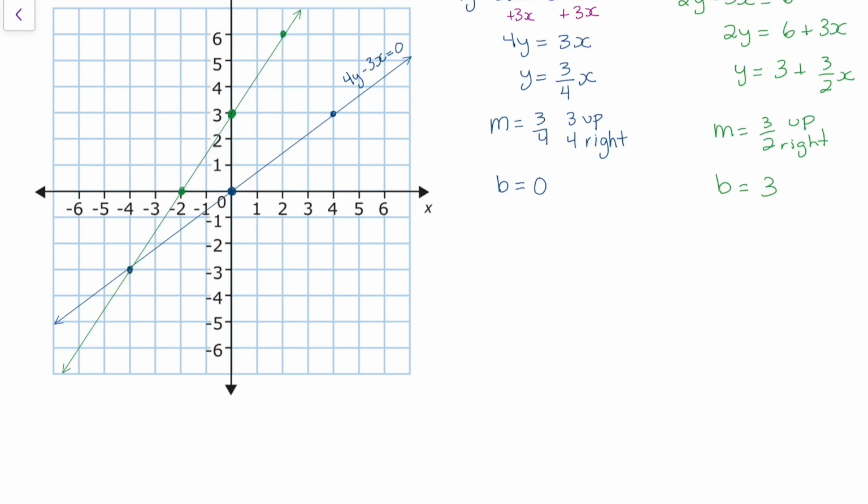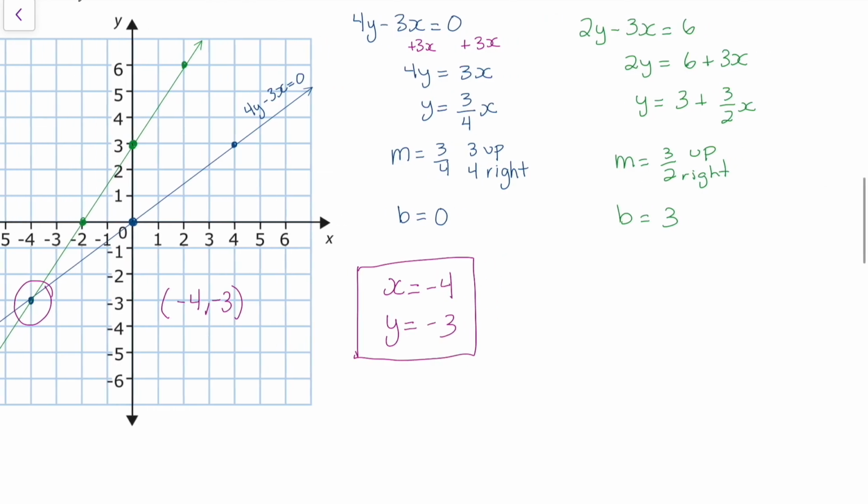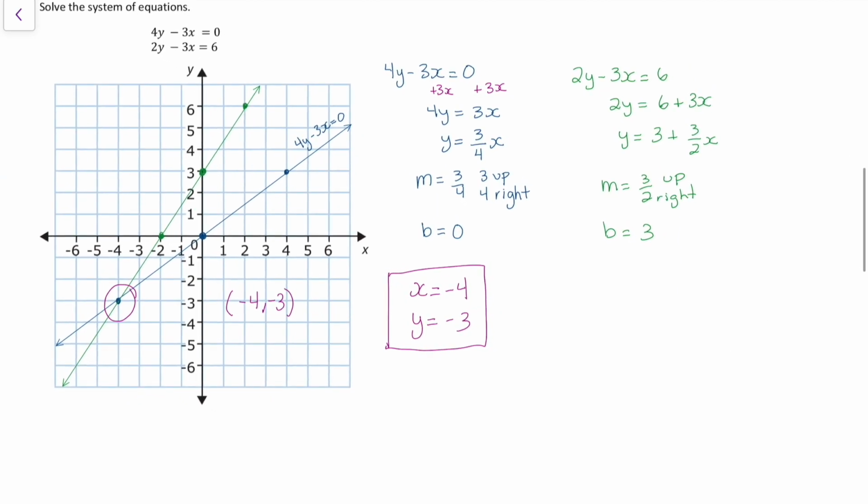And I see that my lines cross right at this point here, which is -4, -3. So x is -4 and y is -3. And again, we're going to do a quick check just to make sure that I've done that properly by substituting those values into my original equations.